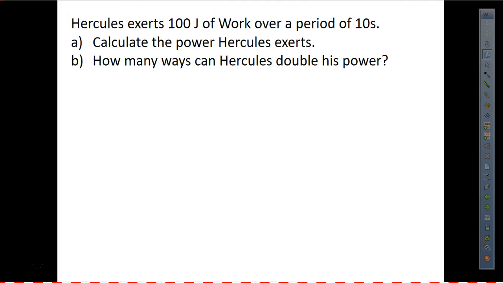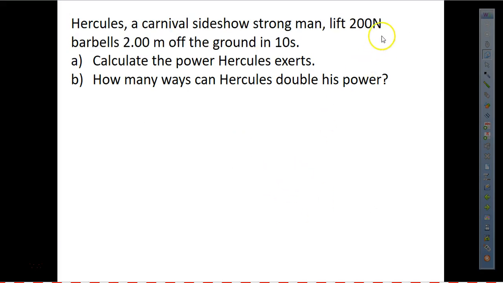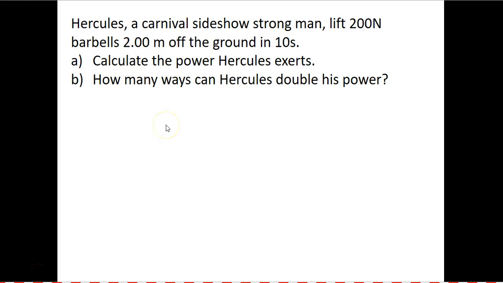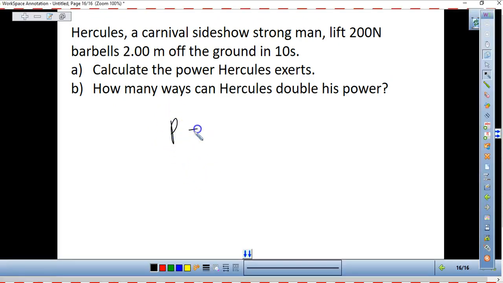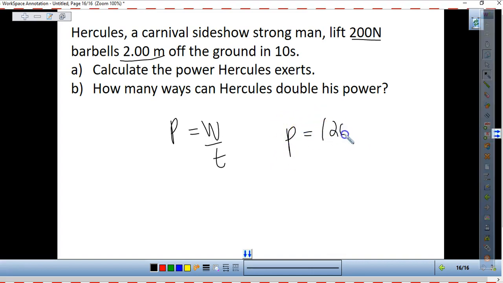I could make this a little harder by making you calculate the work first, in this case with force and distance. I'm just going to show you super quick, although I think all of you will see that you're actually not given work, you're given a force and a distance. So work would be 2 numbers on top, and then the 10 on the bottom.